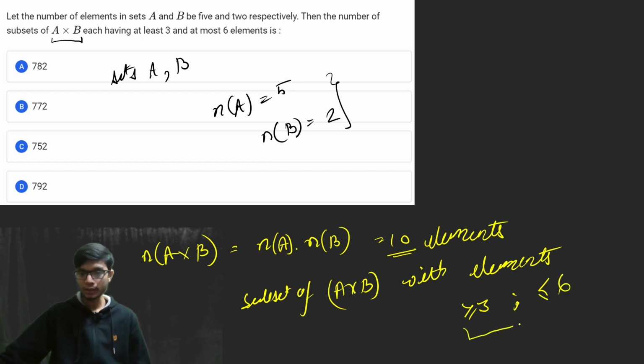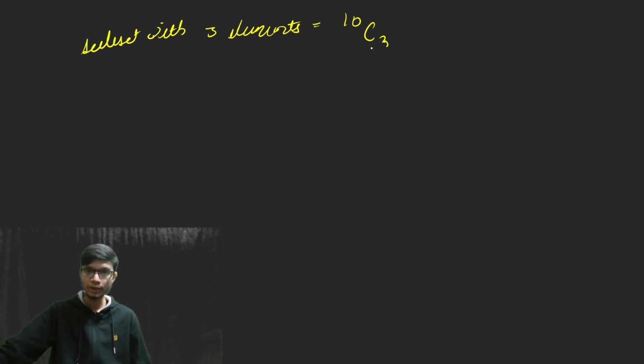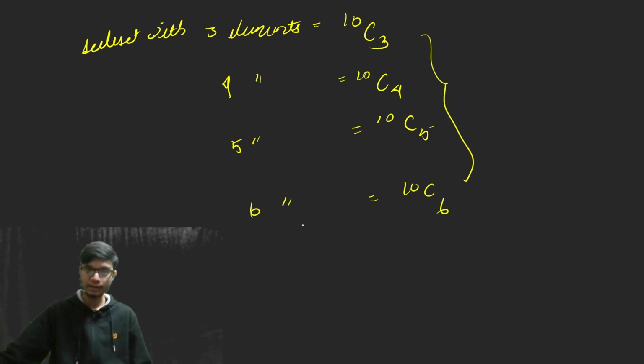So you have to choose the subsets which have a total number of 3, 4, 5 and 6 elements. The number of subsets with 3 elements is, out of these 10 elements, choose any 3. Similarly for 4 elements, out of these 10 choose any 4. Similarly for 5 and for 6 elements. From here you will get the required number of subsets.